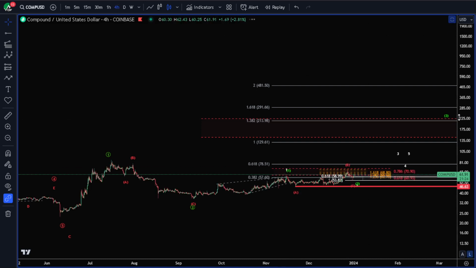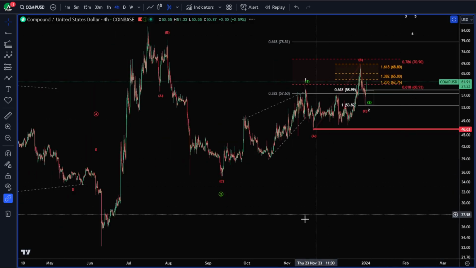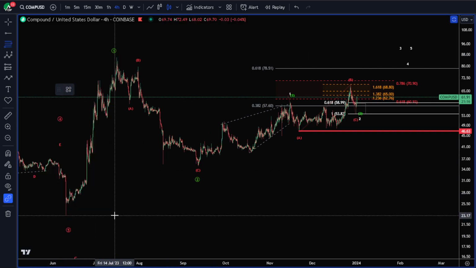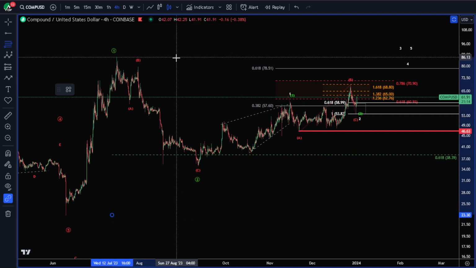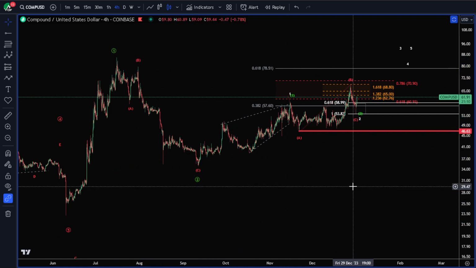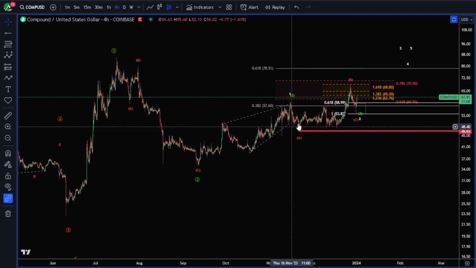Now down on the 4 hour, we had our impulse to the upside as a wave 1. Our wave 2 is complete. For purposes of this count, we just passed the 0.618 retracement and recovered from there.